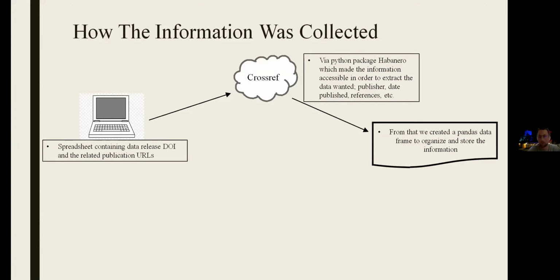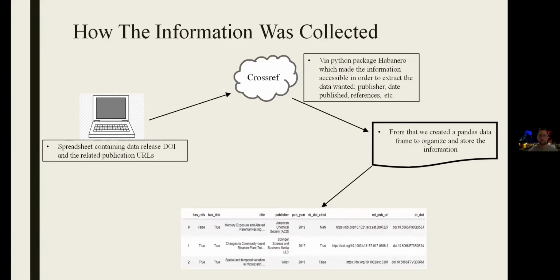From that, we were able to create a pandas data frame organizing that information. This was a learning process for me, since functions and loops were abstract in a lot of ways, whereas now I was taking information, organizing it, and then analyzing it in an organized setting.